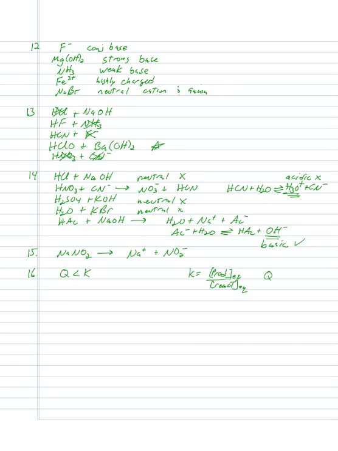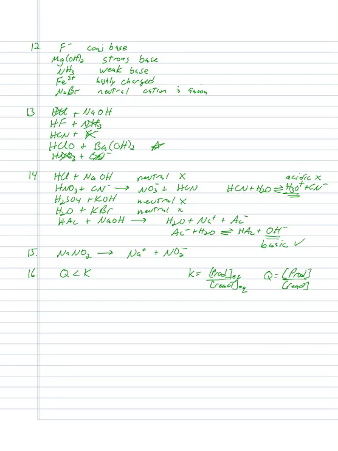And Q is equal to the same thing. It just doesn't have to be at equilibrium. If my number for Q is too small, what does that mean when I compare this value over to here? It means I don't have enough product and I've got too much reactant.